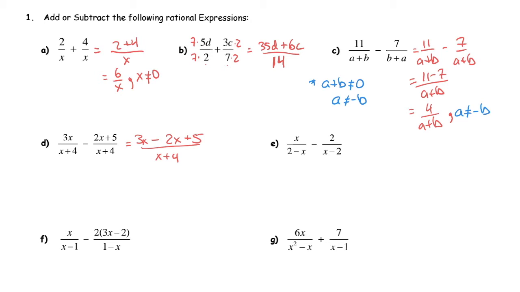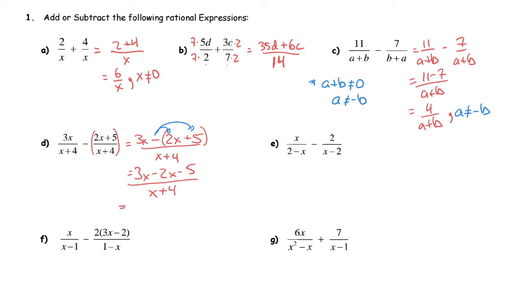Because I am subtracting that second term there. I am subtracting that 2x plus 5 here. This negative that I'm seeing here, the subtraction, distributes to both of those terms. If I just write it as negative 2x plus 5, I haven't distributed that negative. So this should become 3x minus 2x minus 5 all over x plus 4.